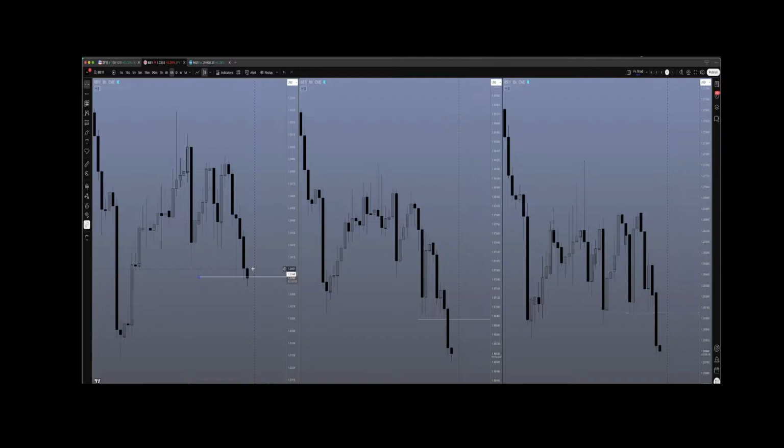Just indicates I'm looking for continuation. Let's get rid of that line.